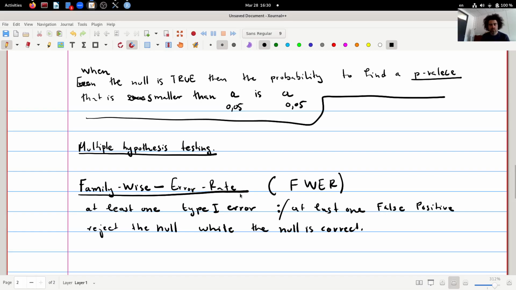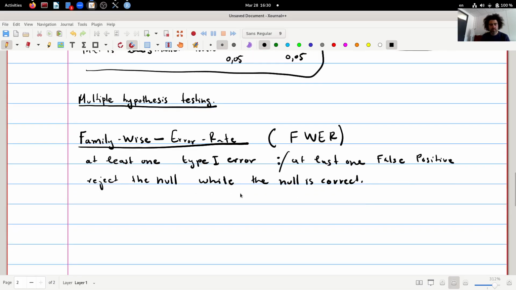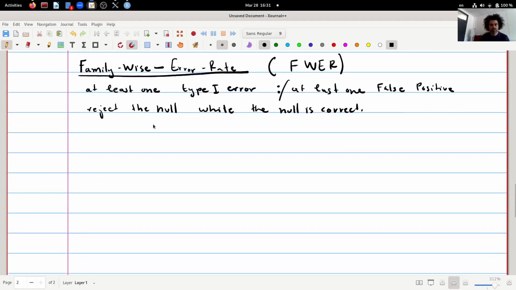Now, if the null is correct, then the probability to make a type 1 error, so to reject the null hypothesis even if we should not because it's correct, is alpha. So the probability to not make a type 1 error is 1 minus alpha.